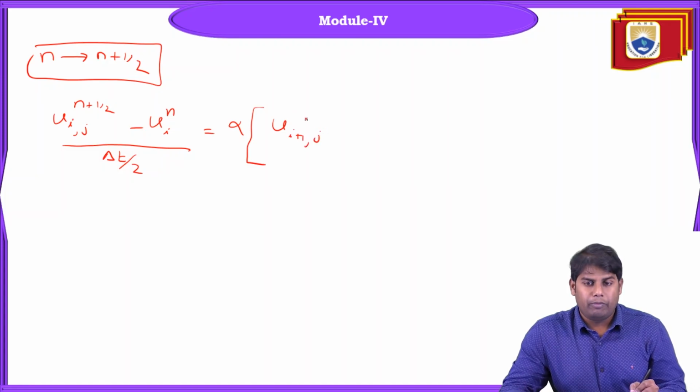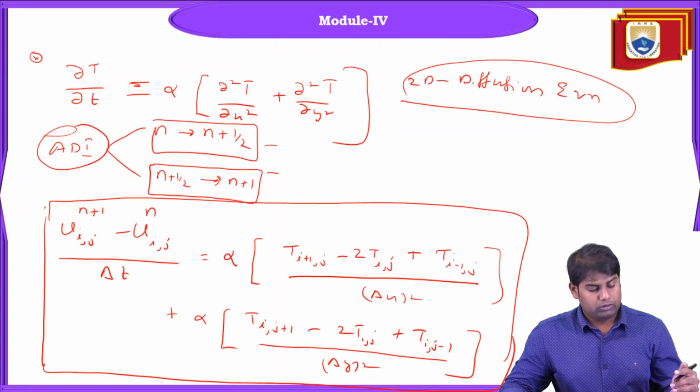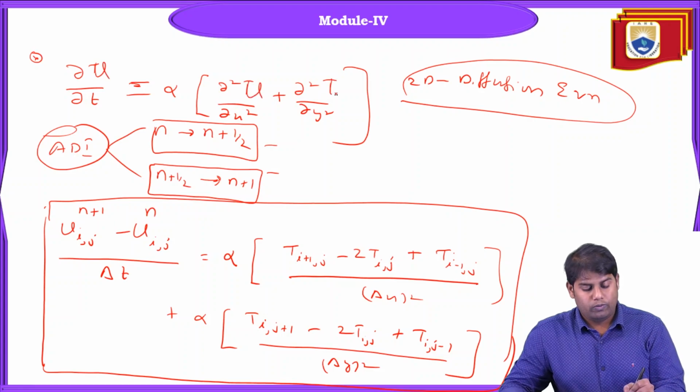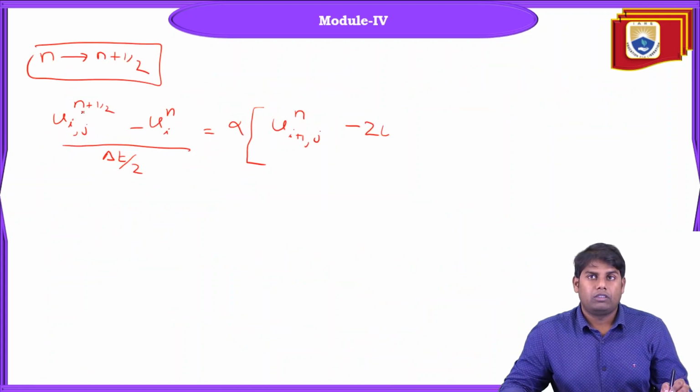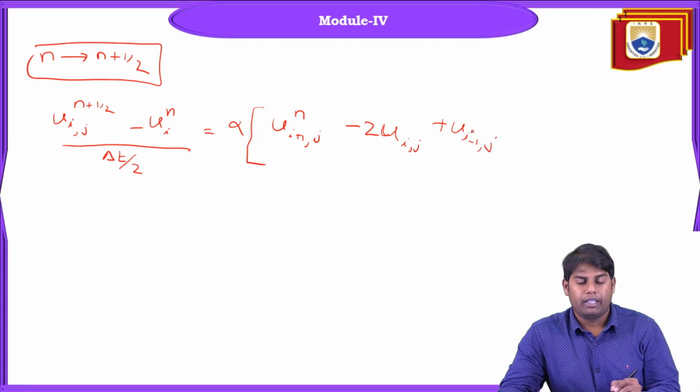We take this one as explicit. This will be power n, minus 2u of i comma j plus u of i minus 1 comma j, powers will be n, divided by delta x square.